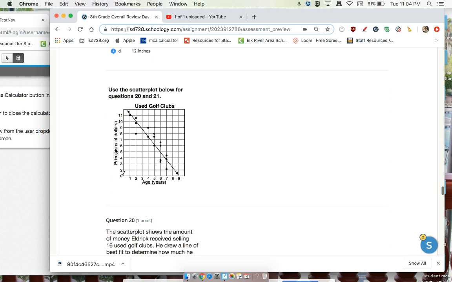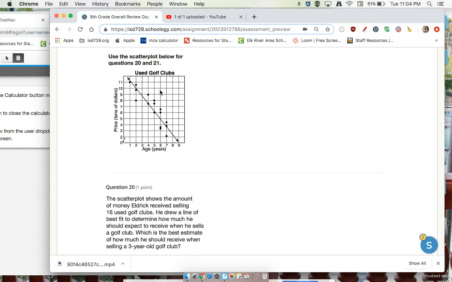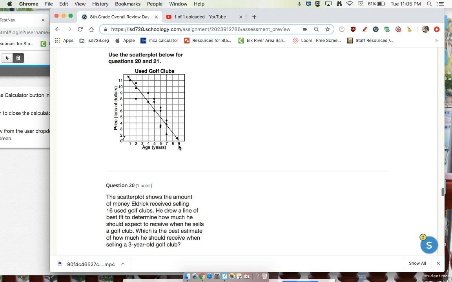All right, number 20. Use the scatter plot below for questions 20 and 21. I'm just going to analyze it quick. It says golf clubs, age in years, and the price per tens of dollars. It looks like as the age gets bigger, the value is decreasing, which makes sense.